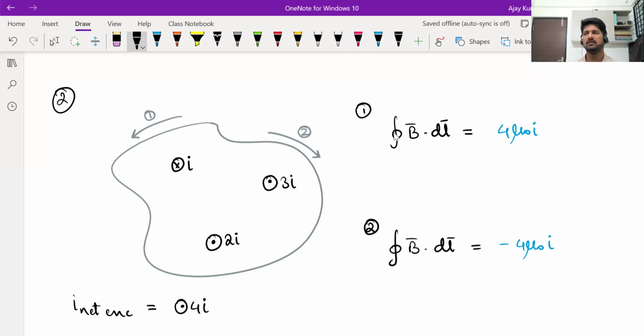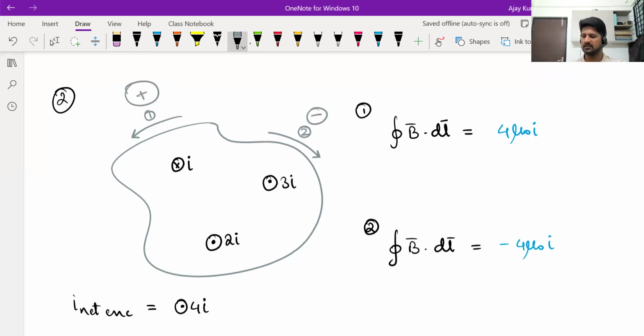But on average, the anti-clockwise fields will dominate because the current out of the screen is stronger. So if you move anti-clockwise, the answer will be positive, and if you move clockwise, the answer will be negative.